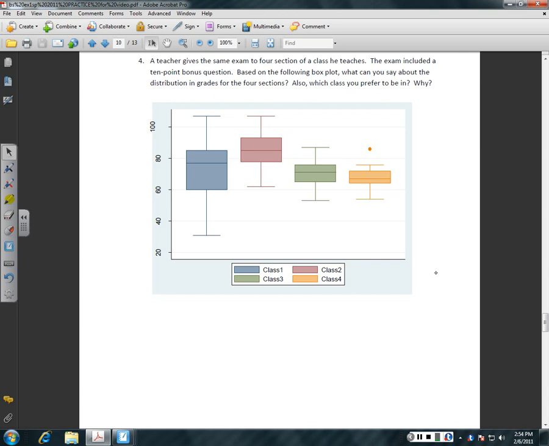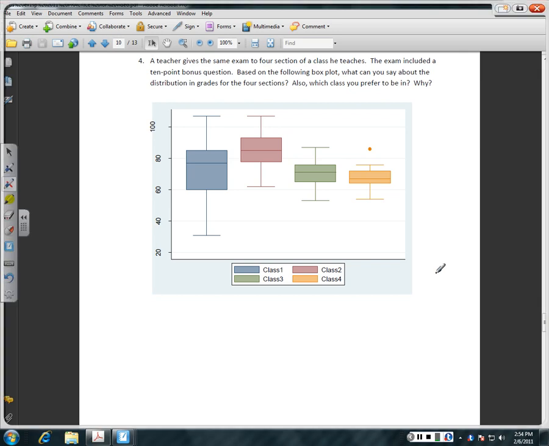So first of all, one of the things you can get from the box plot is where the median or the center of the data are. So we're looking here, here, here, and here. We can say that class 2 has the highest median.